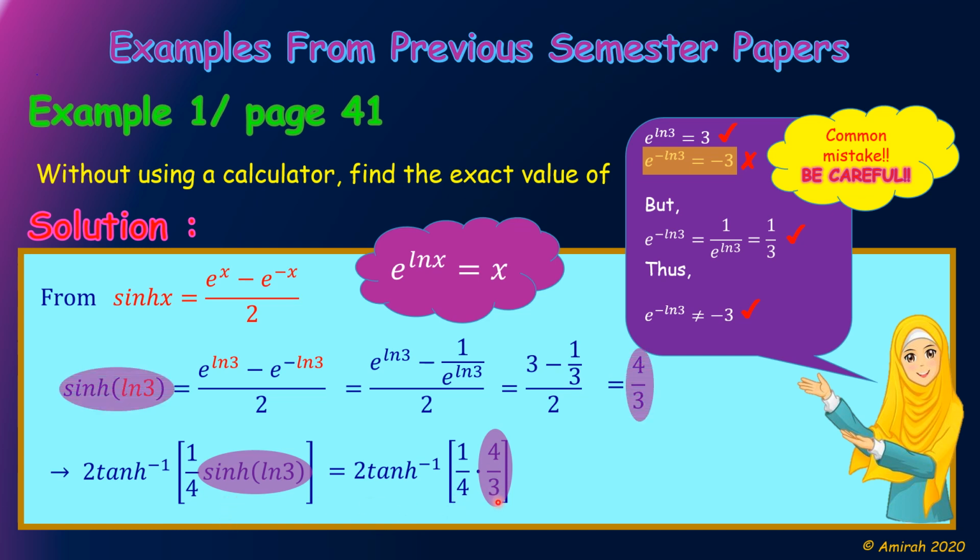Where do we get this? From here, sinh ln 3 equals 4 over 3. This is the original question. After that, we can simplify the 4 in the numerator and the 4 in the denominator, and we get 2 inverse tan (1/3).